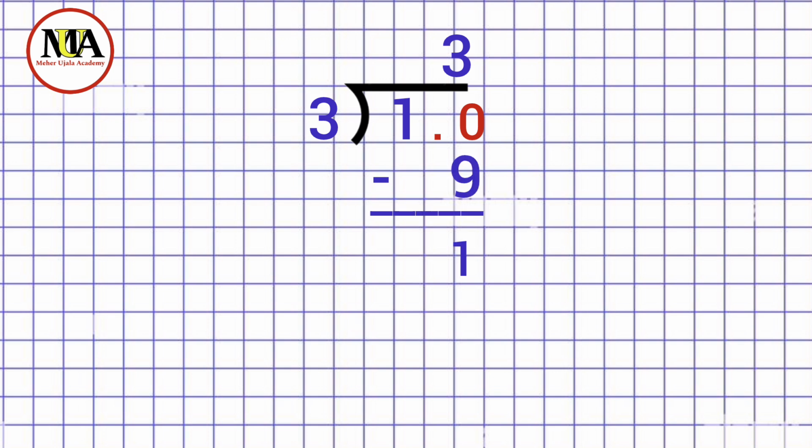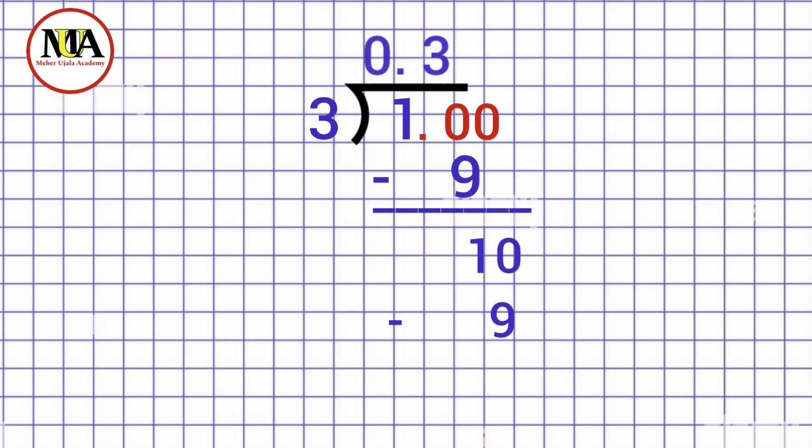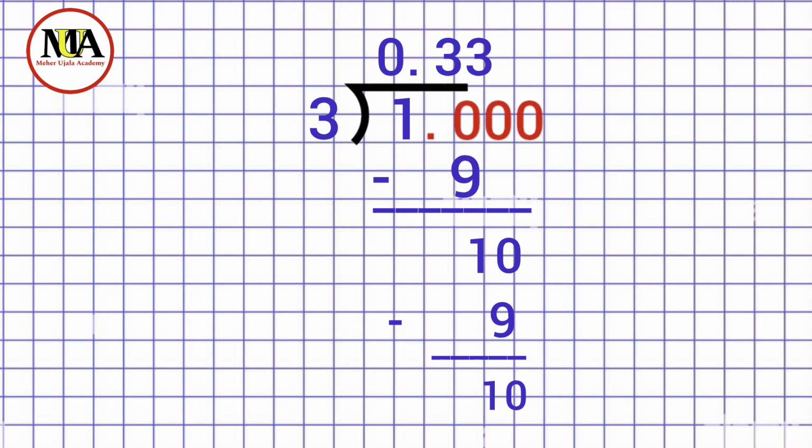Just like before, we don't want a remainder, so let's use another 0 so we can keep on dividing. And that gives us 10 divided by 3 again. Well, we know that 3 goes into 10 3 times and leaves a remainder of 1. Still a remainder of 1? Well, it looks like we are going to need another 0. But that's just going to give us 10 divided by 3 again, which is going to give us another remainder of 1. This looks like it might keep on going forever.